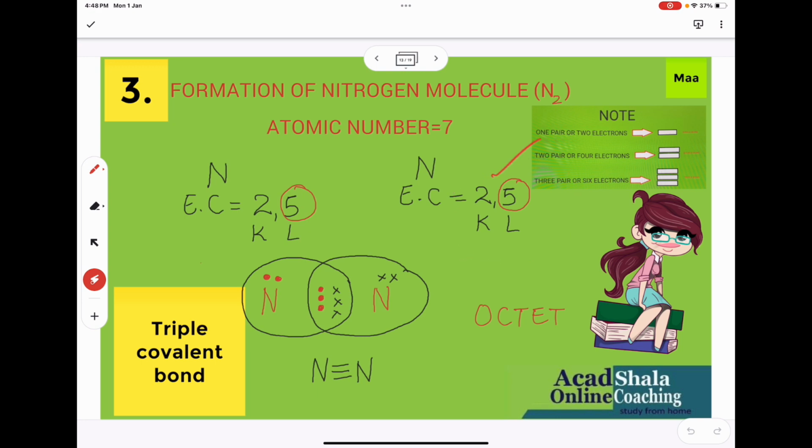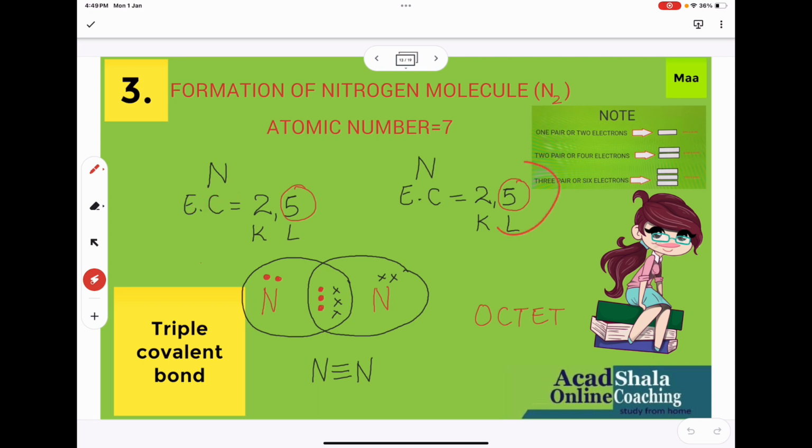So this nitrogen says that out of these 5 valence electrons which I have, I will share 3 electrons, and I can attain the stable gas configuration if the other nitrogen atom also accepts and says I will also do the same thing. The other nitrogen also says, okay, I will also share it. What's the big deal?